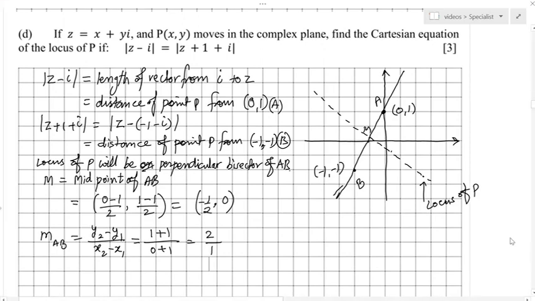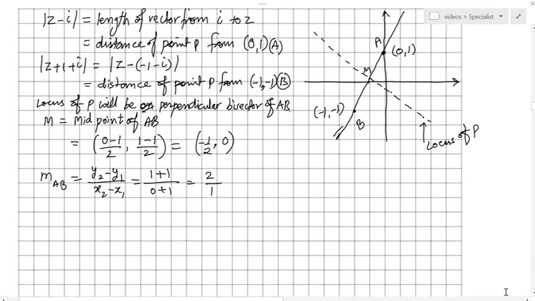So this is the slope of line AB. The slope of the perpendicular bisector, I'll indicate by m. The required slope m is equal to minus 1 upon 2. If you remember, the slope of a perpendicular line is minus 1 upon m.